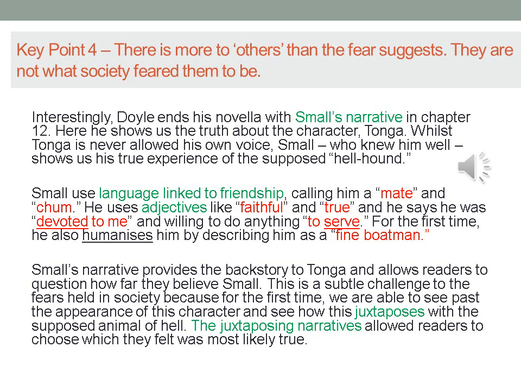He's not given a burial and he's left to kind of float off into the water. So this shows the exclusion of Tonga and the fact that he's never really treated or would never be allowed to be treated as such, and that adds to that sympathy that Conan Doyle is really trying to create.